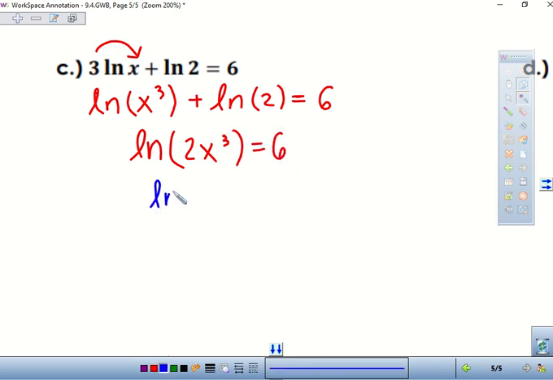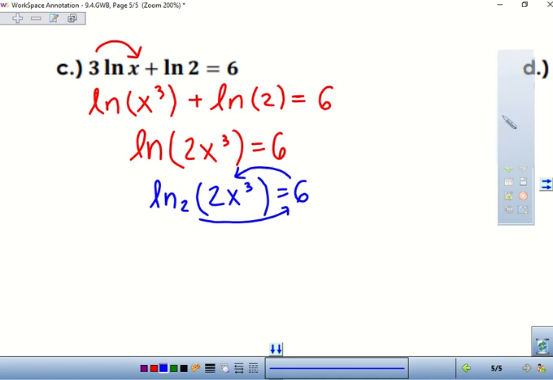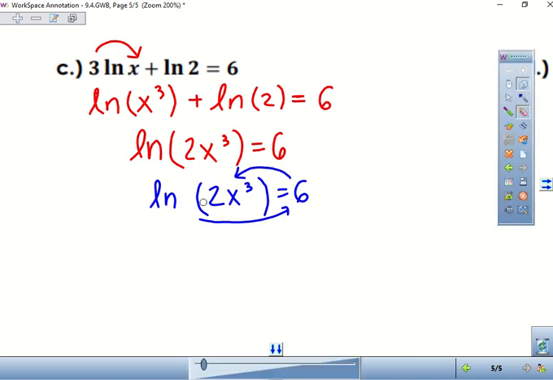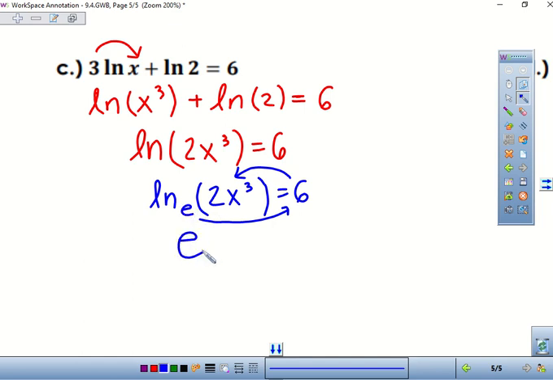Then I write back in my base. And I use the arrow method. Oh wait, did I put a 2 there? That's not right. What's the base of this one? Yeah, I don't know why my brain did that. So it's e to the 6th is equal to 2x cubed. Then what do I have to do?